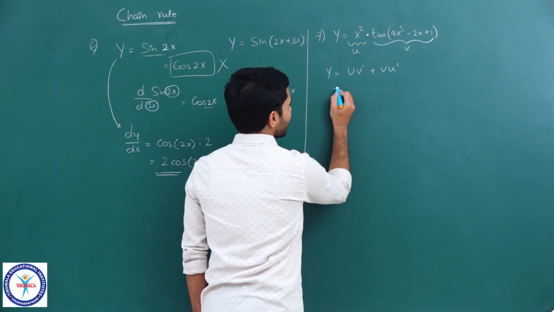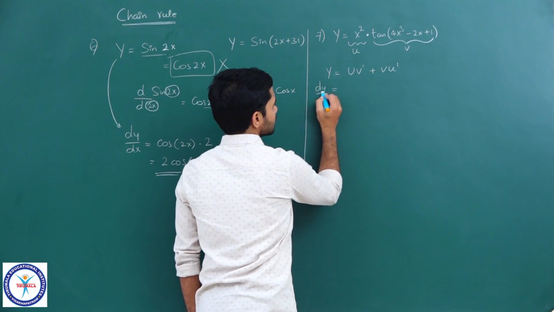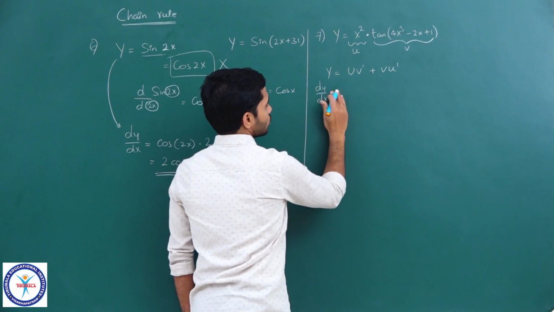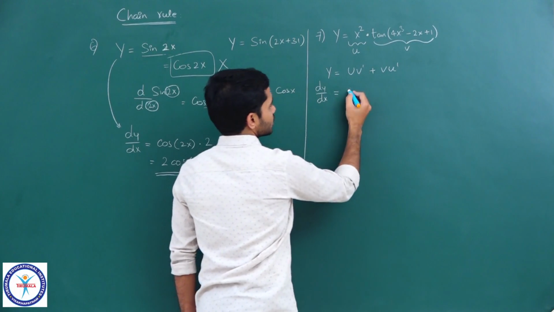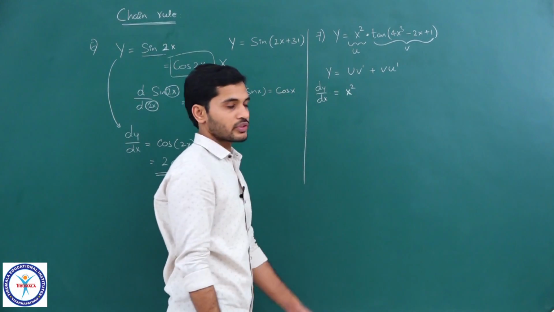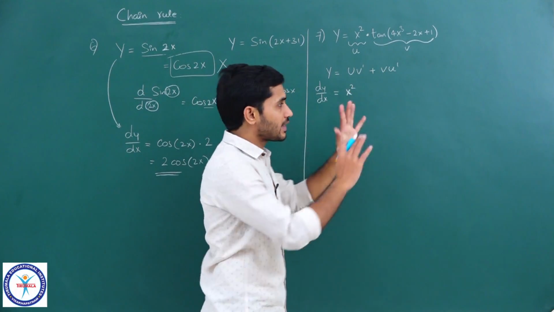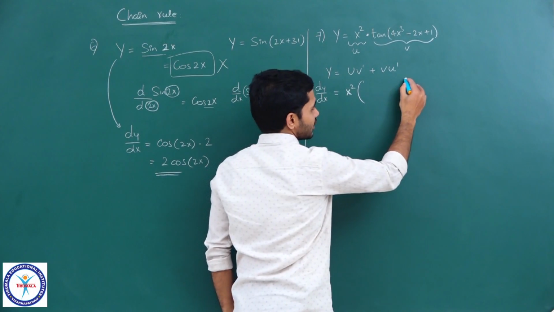So, let me substitute the values. So, I would be getting dy by dx is equal to u, which is x square. Now, this is where you should be careful. Now, I should differentiate this function. Okay. Let us get back to that later. I will just leave it there.